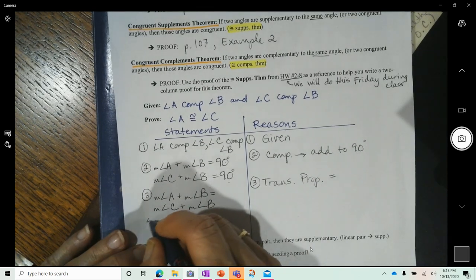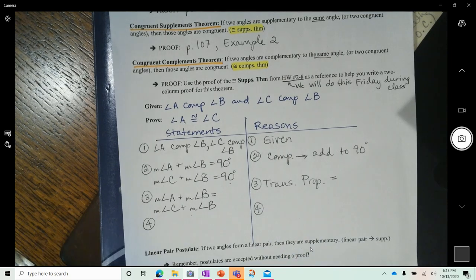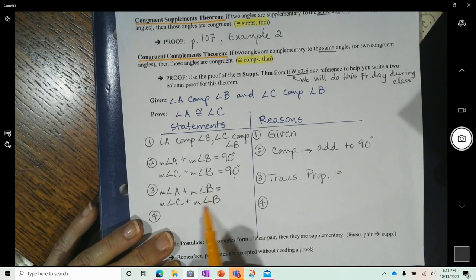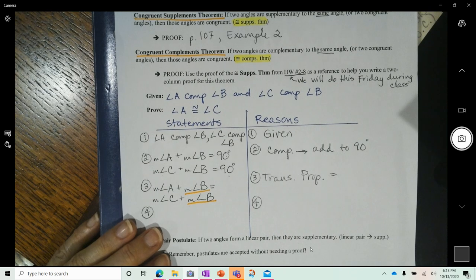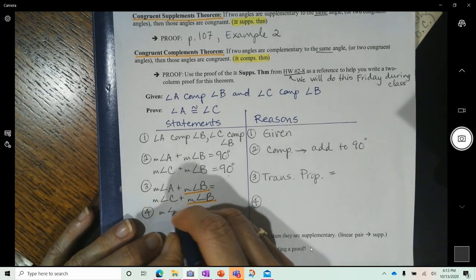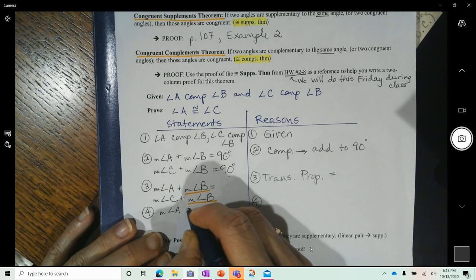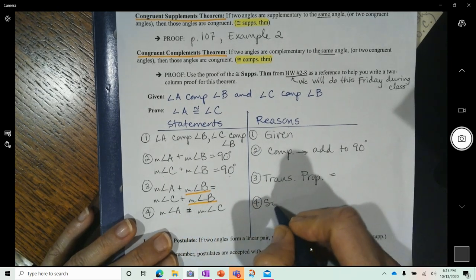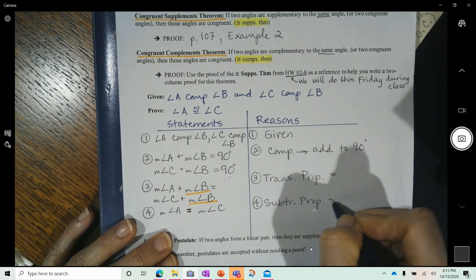Then number 4, we are going to subtract this from both sides of our equal. So that now I have the measure of angle A is equal to the measure of angle C by the subtraction property of equality.